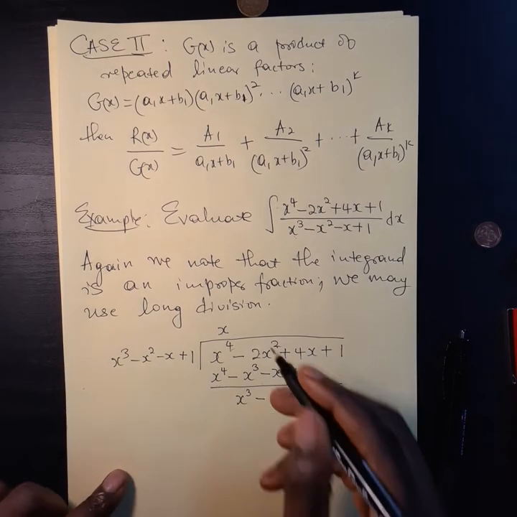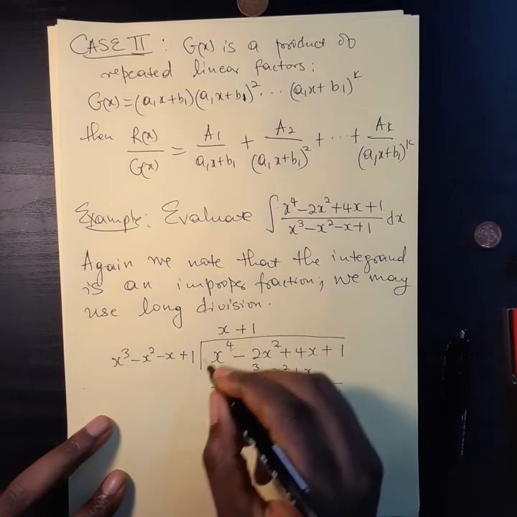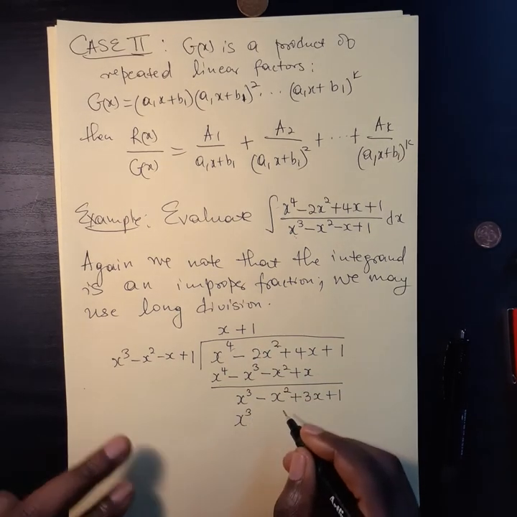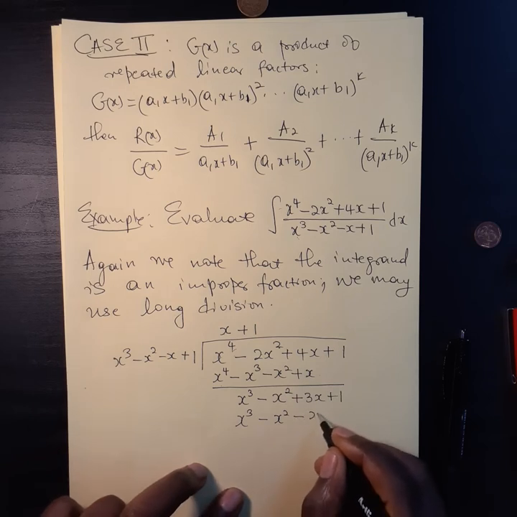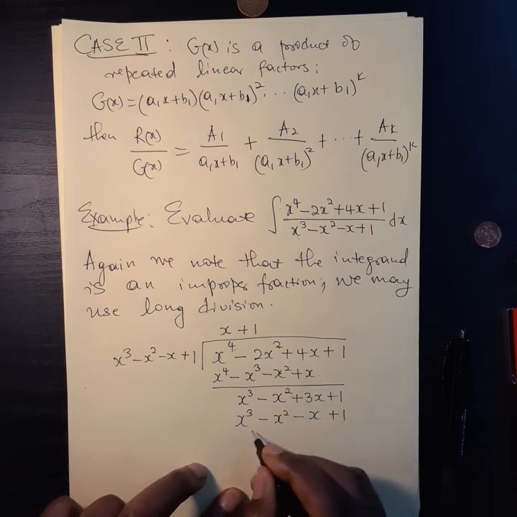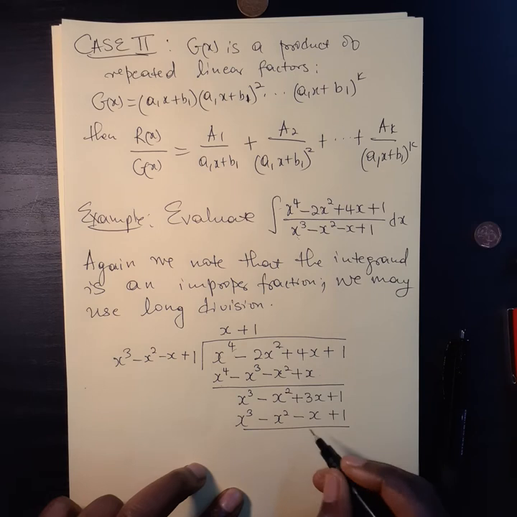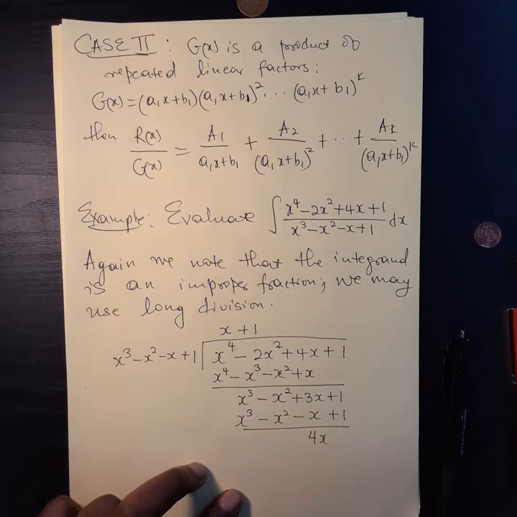And then we do our division again. X cubed divided by x cubed is positive 1. We multiply, we get x cubed there. We get minus x squared. We get minus x. We get plus 1. Then we subtract. This is 0. This is 0. This is 4x. This is 0.